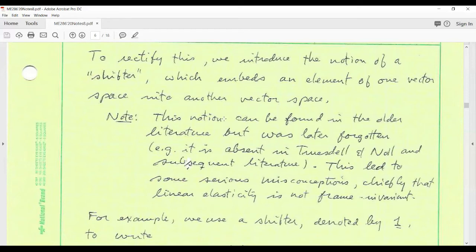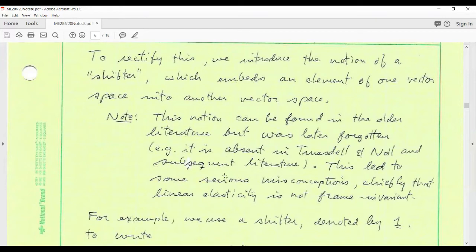The notion of shifter fell out of favor when people stopped using index notation and started using boldface notation. And that led to certain inconsistencies, as it turns out. So in the later literature after Doyle and Ericksen, for example, in Truesdell and Noll's very famous treatise on continuum mechanics, and the subsequent textbook and monograph literatures, which were based largely on Truesdell and Noll, they completely omitted the notion of shifter.